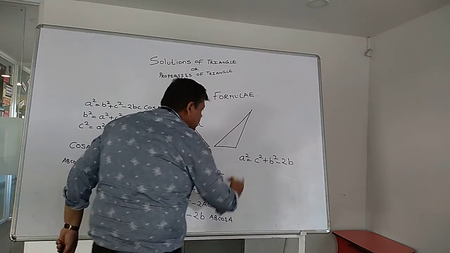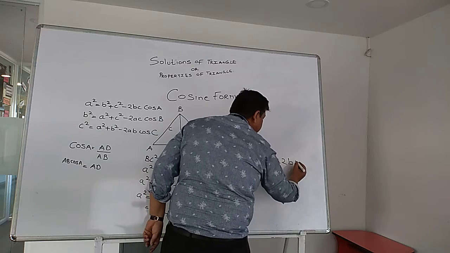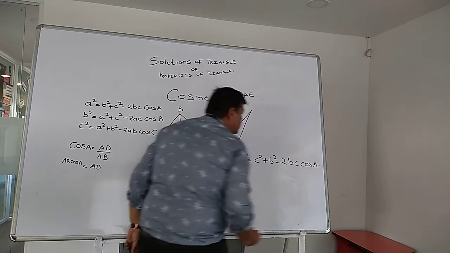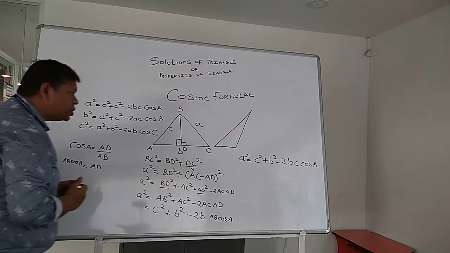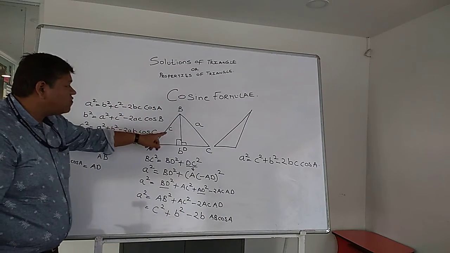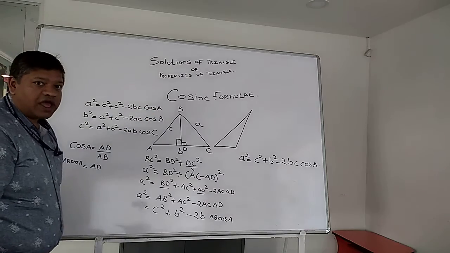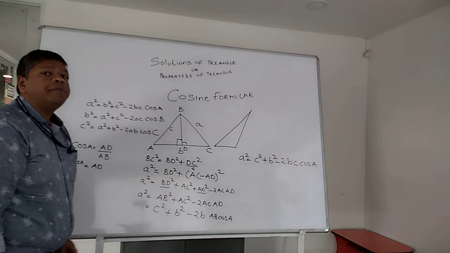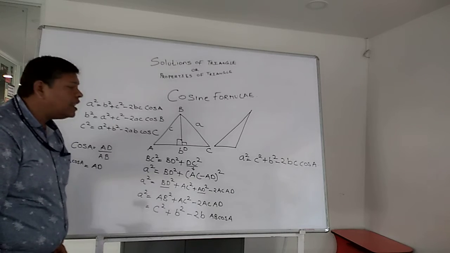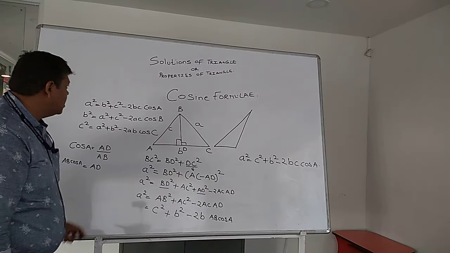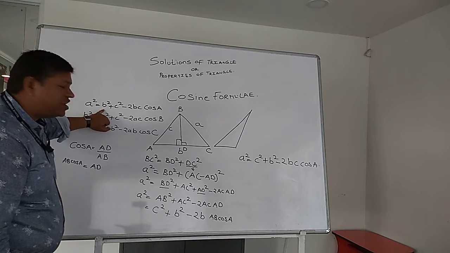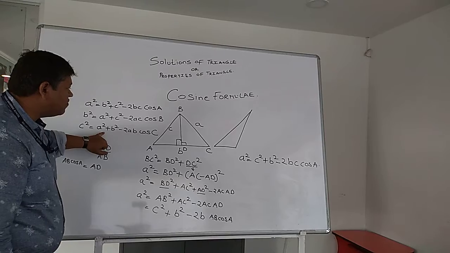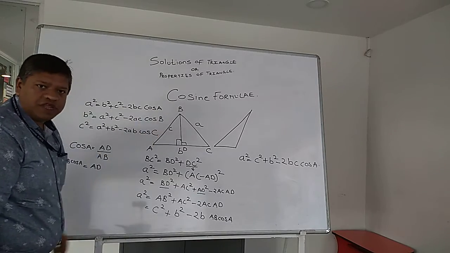So it becomes a square is equal to c square plus b square minus 2bc cos A. So this is the formula derivation for the cosine formula of solution of triangles. This is another tool to establish the relationship between the sides and angles of the triangle. This is the first part which we have derived. The other two parts can be derived in a similar way by just changing the name of the triangle.